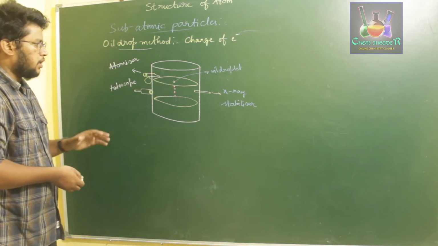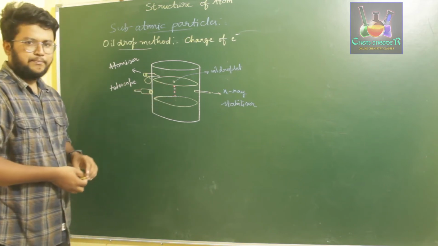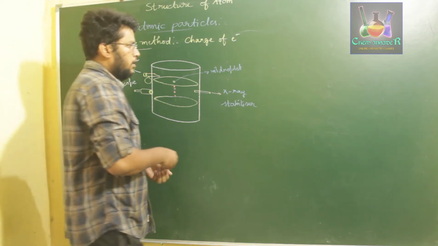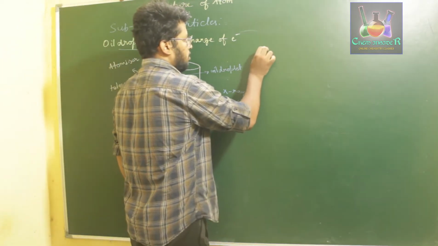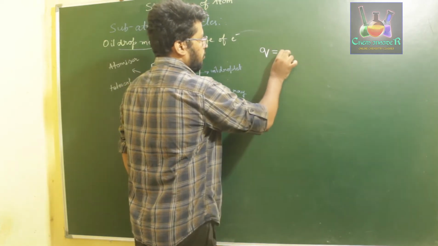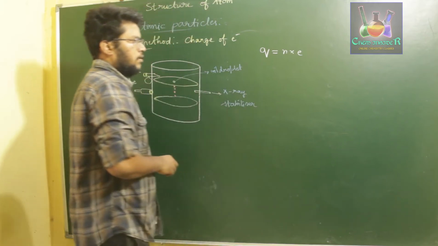Using all this, he came to know that the charge on the oil droplet, if you consider it as Q, was equal to integral multiples of the charge on the electron.